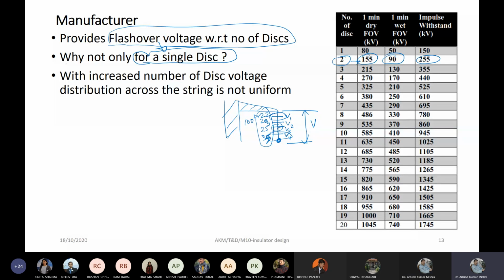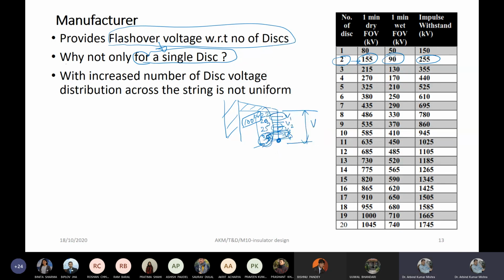So if you apply the 100 kilovolt, then one of the insulators has already got 35 kilovolt. This is just an example. So this insulator must withstand this 35 kilovolt.